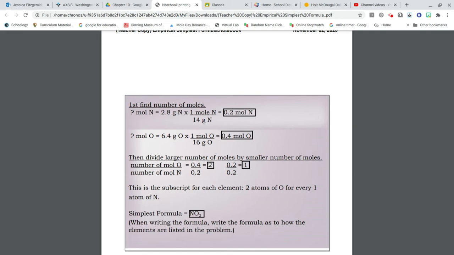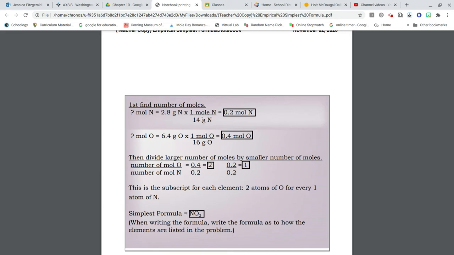If we want grams to cancel, grams will go in the bottom for each one of the problems, and moles will go in the top. And since we're working with nitrogen in this first problem, we'll put a 1 mole here and also a 1 mole for oxygen because they're the same substance in the equality.